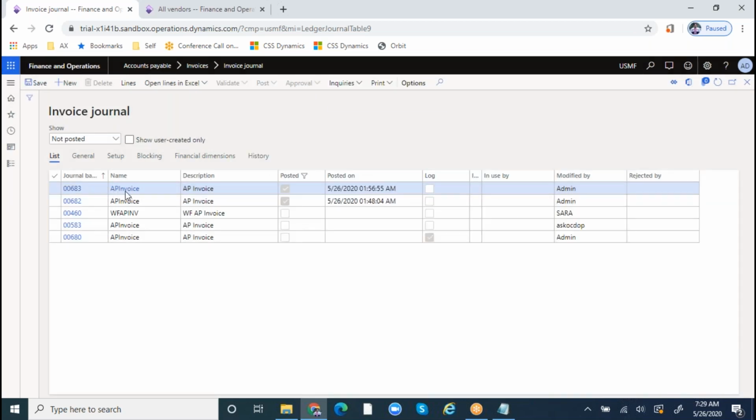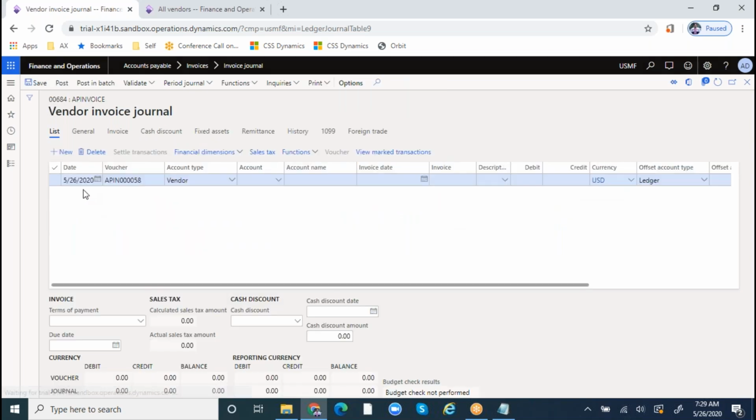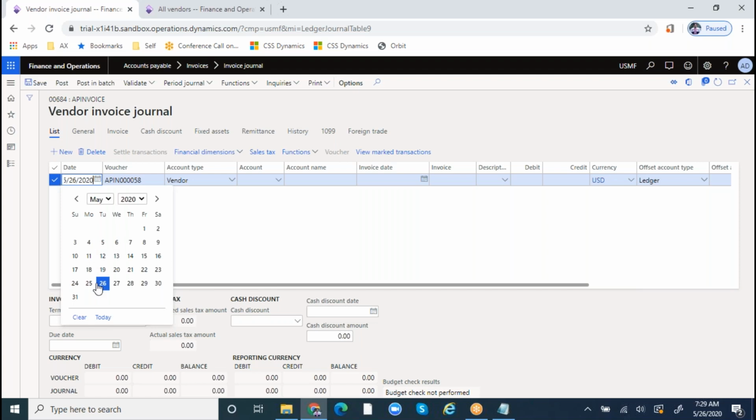Suppose today is 1st June. Now I want to post around 20-30 transactions on 30th May. It will be a hectic job every time to change this. Am I right? Once again, I have to come back and change.